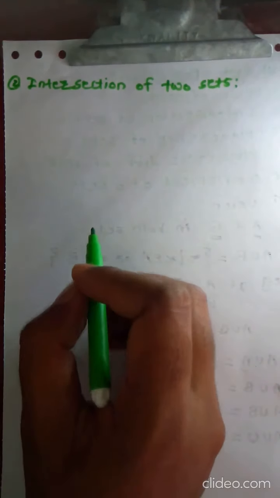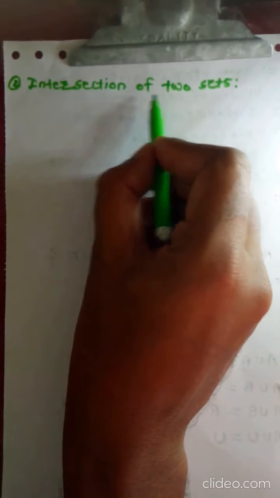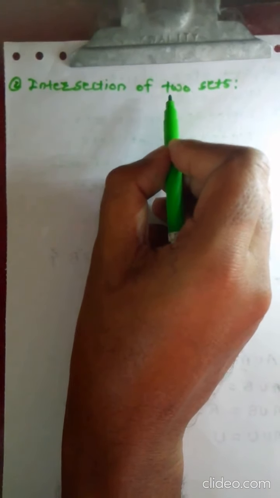So next one is intersection of two sets. So how we can define this intersection?